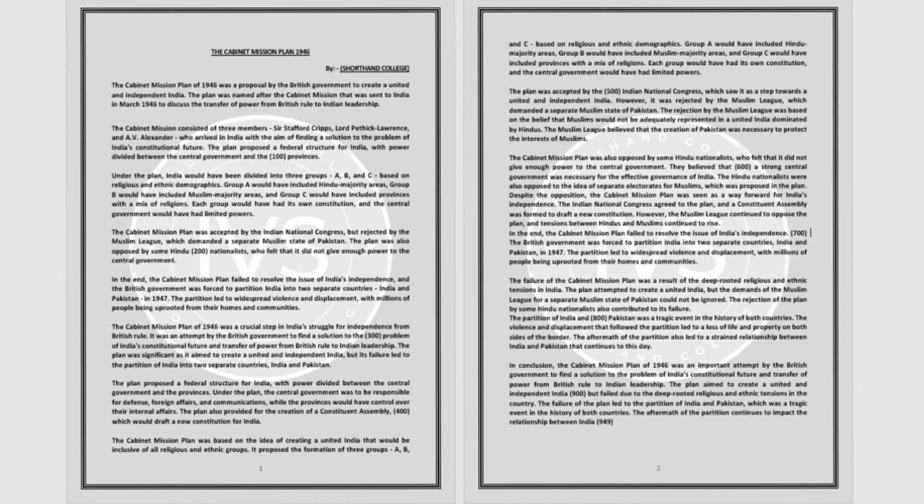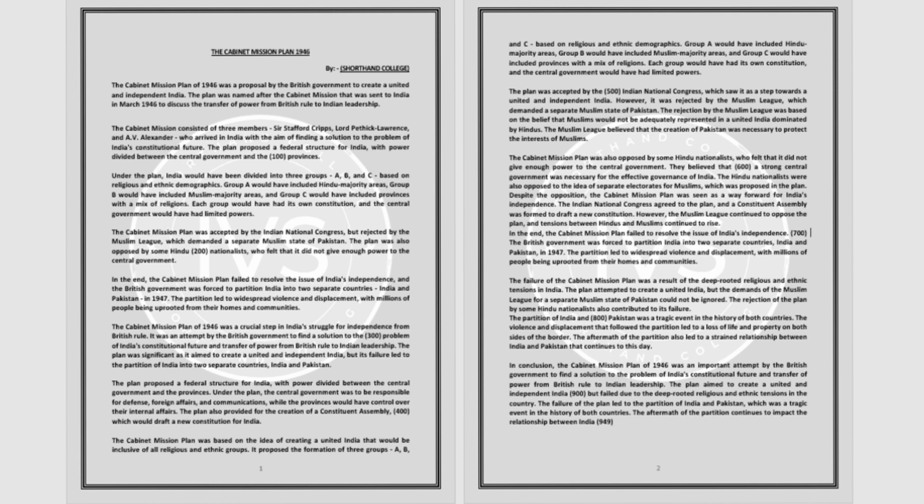The plan also provided for the creation of a constituent assembly which would draft a new constitution for India. The Cabinet Mission Plan was based on the idea of creating a united India that would be inclusive of all religious and ethnic groups. It proposed the formation of 3 groups, A, B, and C, based on religious and ethnic demographics.